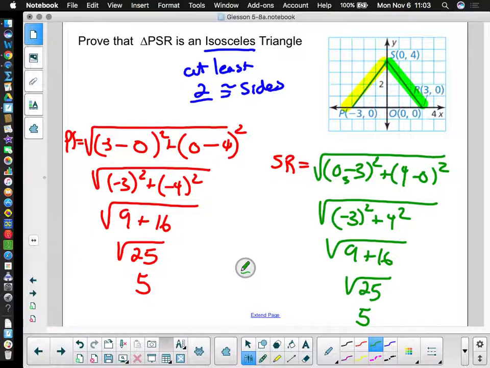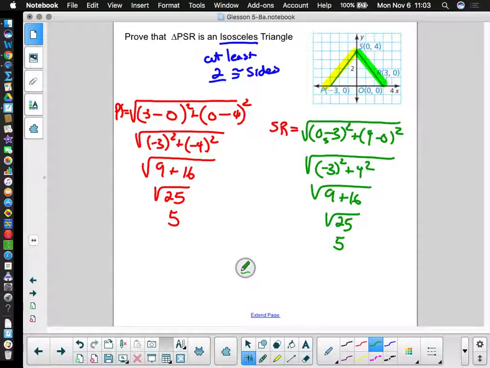I'm going to make fewer mistakes the more work I show. And so, because I've shown they have the same length, I have proven that PS is congruent to SR because they have the same length. So not too tough. We're just using things we've seen before.